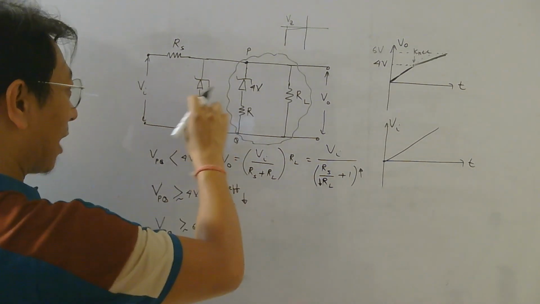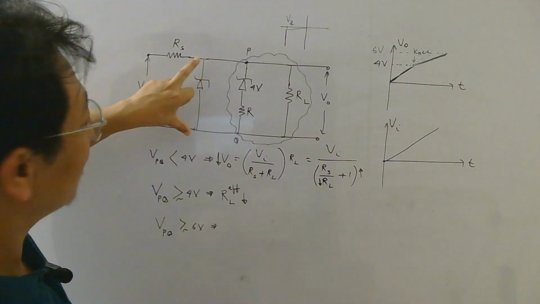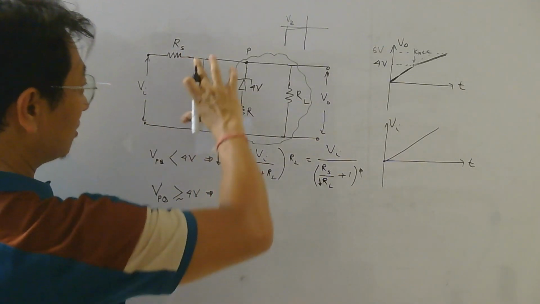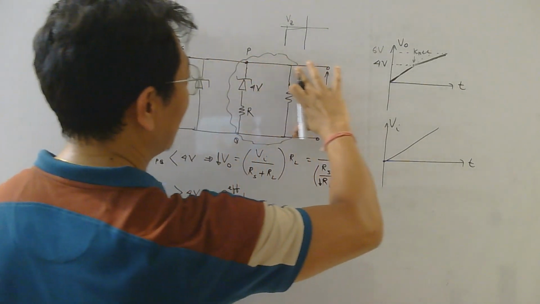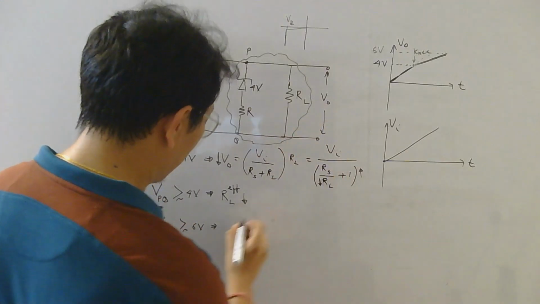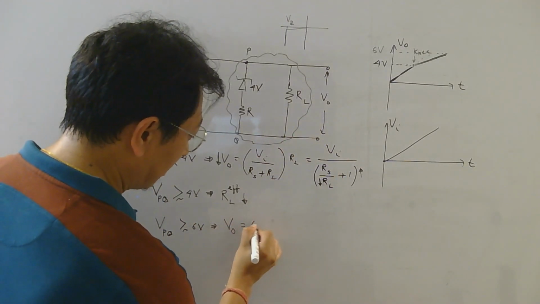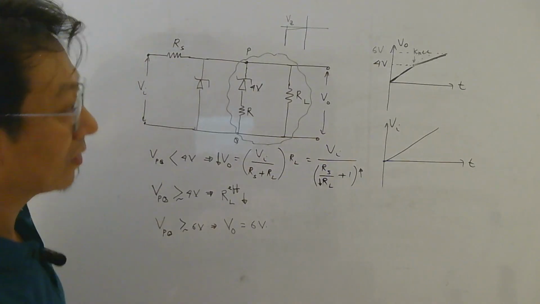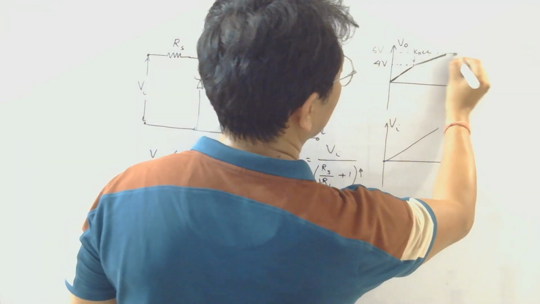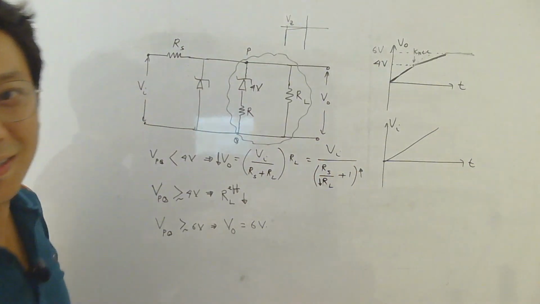And once this diode starts conducting, the voltage here should remain constant at 6 volt, meaning this voltage, which is your output voltage, will remain constant at 6 volt. Okay, so the graph will go like this, right?